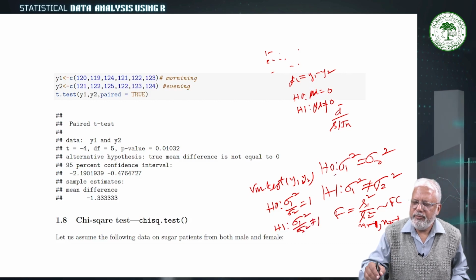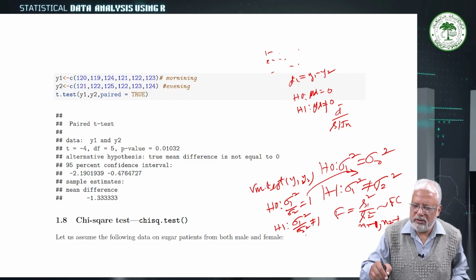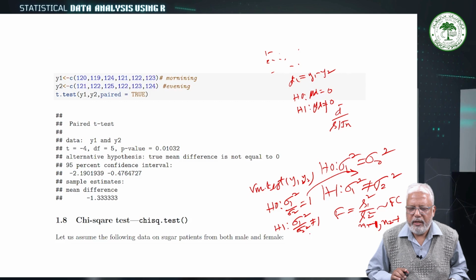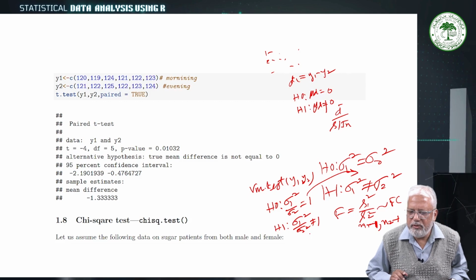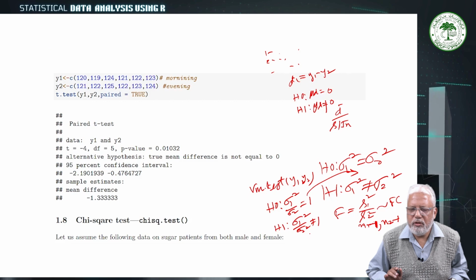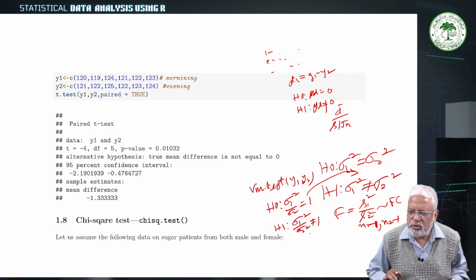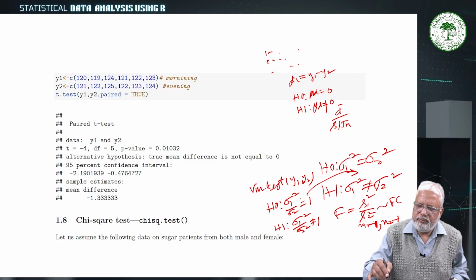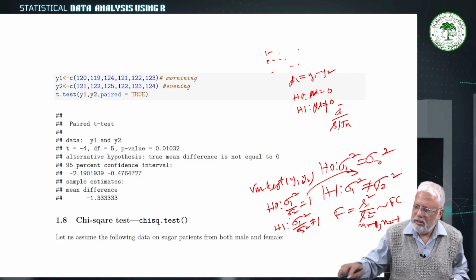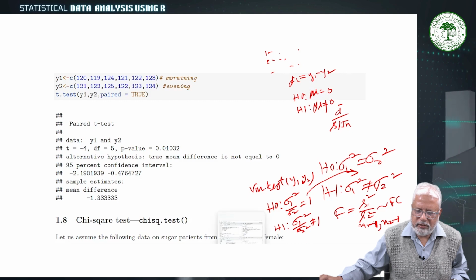So, instead of writing in the earlier format, here the test is defined in this format, with the ratio sigma 1 square divided by sigma 2 square. For the observations we have used, H naught is being accepted, which we get by using var.test.